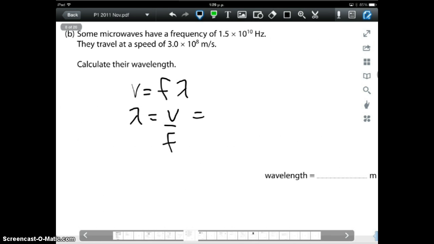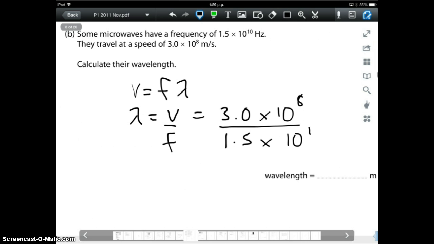In this case, because they're electromagnetic waves, in vacuum, it's 3 times 10 to the 8 meters per second, and the frequency of these particular microwaves is 1.5 times 10 to the 10.